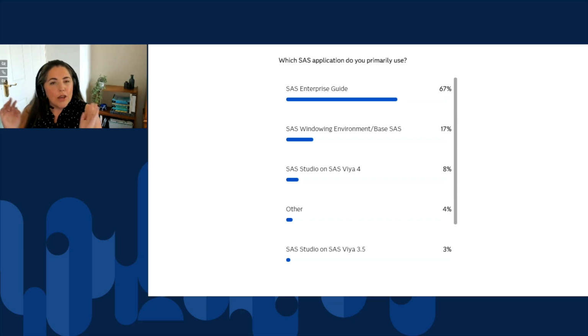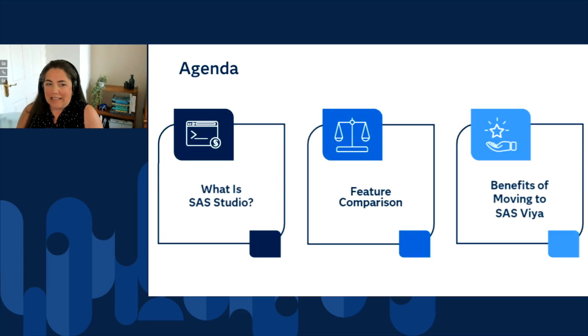Okay. So the agenda is, for my part of this presentation, we're going to introduce SAS Studio. So we're going to have a little bit of a marketing spiel, I suppose, supported with a few slides, and then we'll move on to the feature comparison, which will see SAS Enterprise Guide and SAS Studio side by side, and we'll talk about the similarities, and we'll talk about how easy it is to navigate and how similar it is to navigate between both of them.